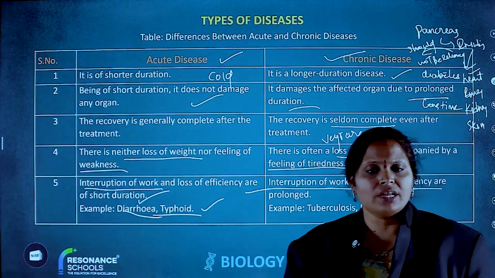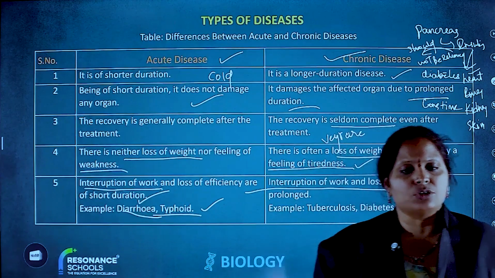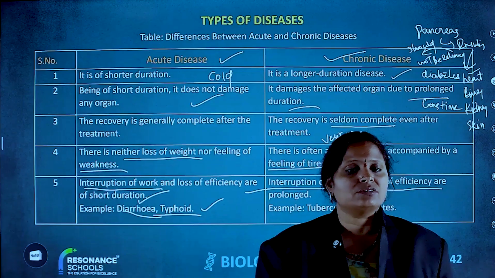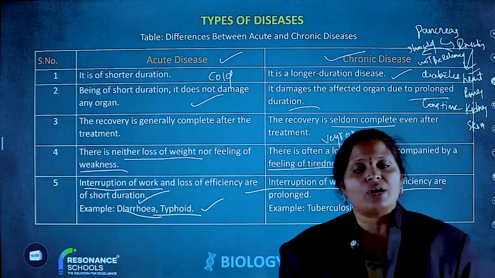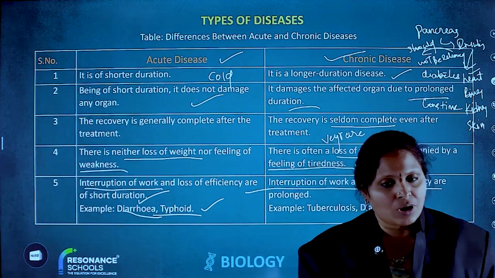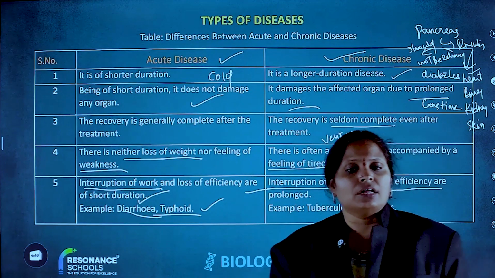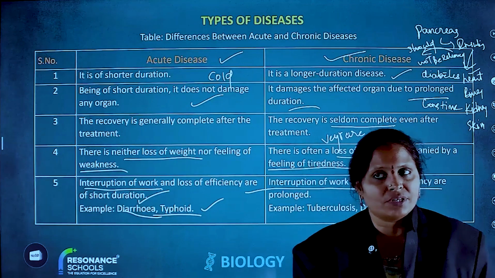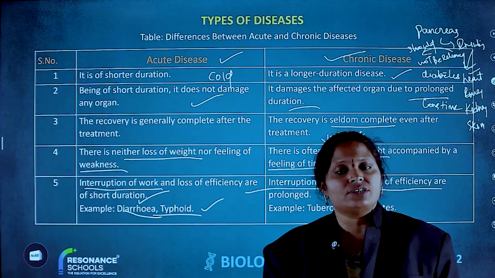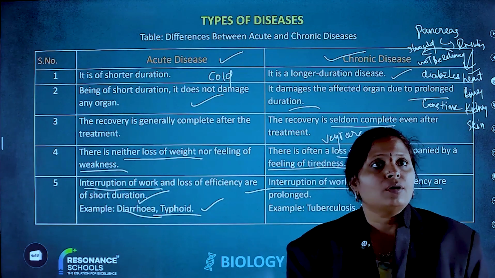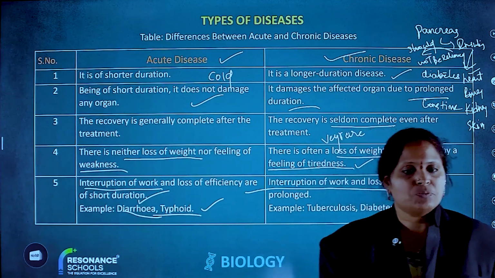Ma'am, what is the meaning of tuberculosis? Tuberculosis is a contagious or communicable disease caused by a bacteria called Mycobacterium tuberculosis. The person suffering from this disease has a high fever with cough, expelling bloody sputum. You know sputum, phlegm.